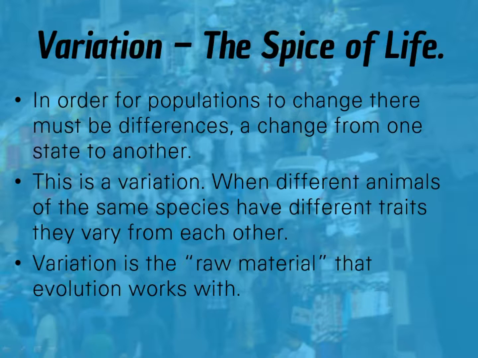In a sense, you could call variation the raw material of evolution, which is a little bit weird because variation is not an object, it is not a material like stone or glass or metal, but it is, in a way, the only thing that allows evolution to change species over time.